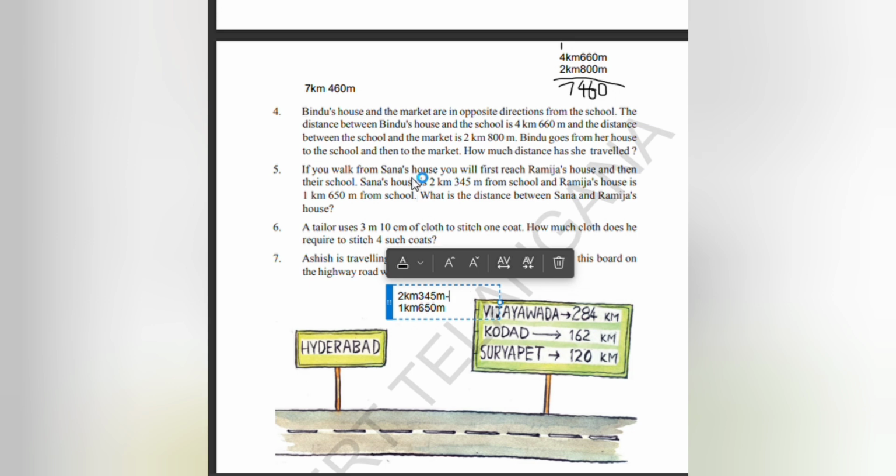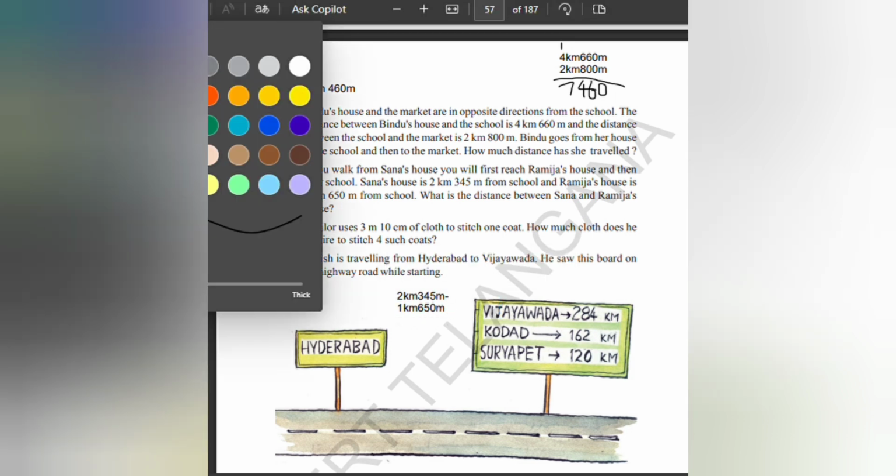Because if Sana is walking to school, she will first reach Remija's house and only then the school. Sana's house to school is this much and Remija's house to school is this much. So between these two houses, we have to subtract.